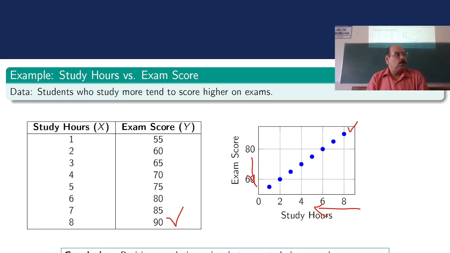The students who study more hours tend to score higher marks in exams. This is a simple example to show positive correlation between two variables. One variable x, I have taken as study hours. Another variable y is the mark you score out of 100, for example.